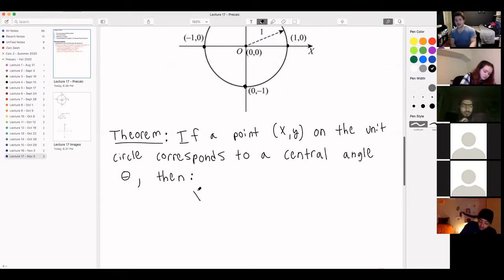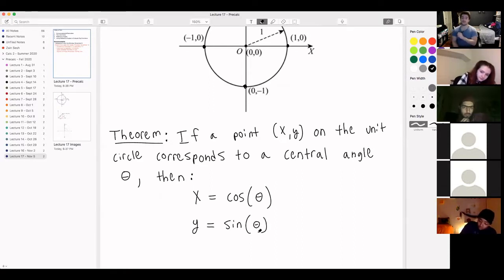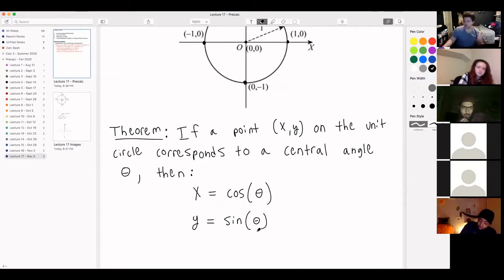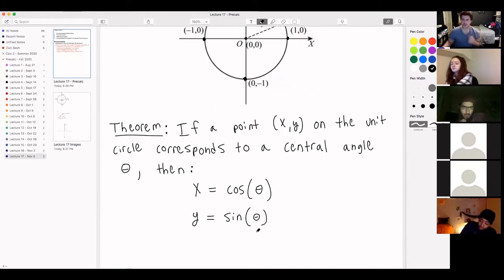Then we know that the x coordinate will actually be equal to cosine of theta, and the y coordinate will be actually equal to sine of theta.